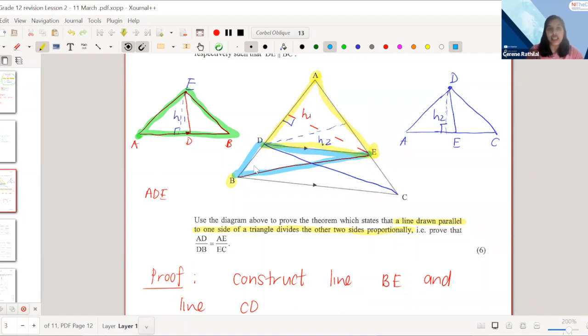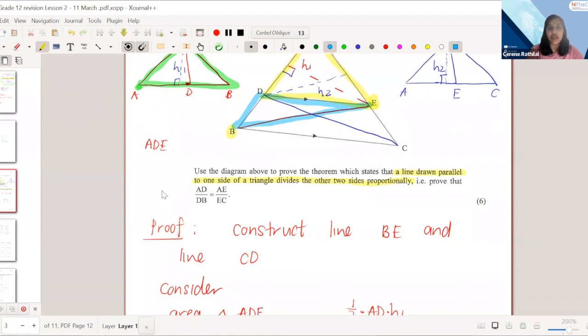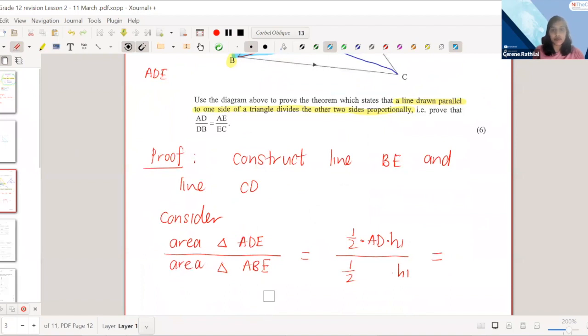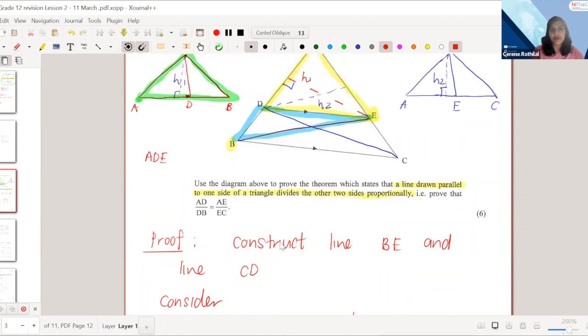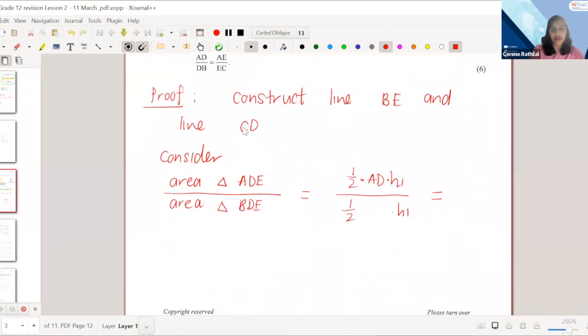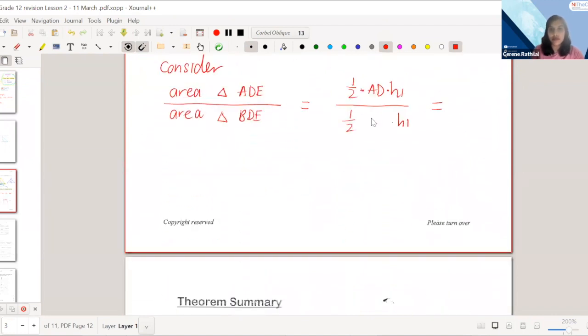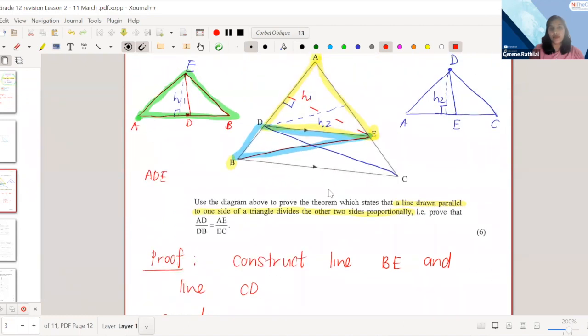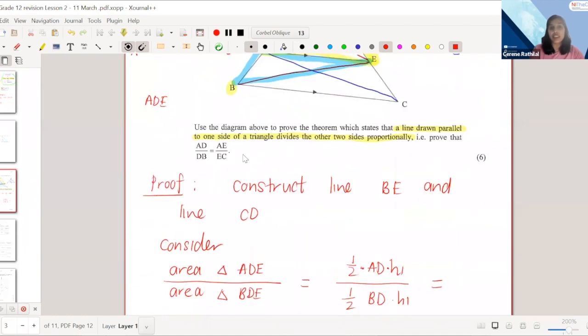Okay, so in here, we observe that the area for triangle, the blue triangle BDE, let me adjust that, is half base, the base in here, once again, is BD times H1. Okay, so you can read that as BD or DB, it doesn't matter.